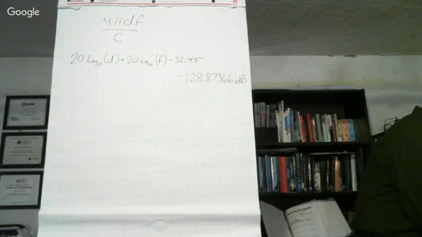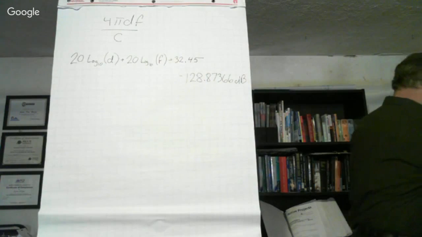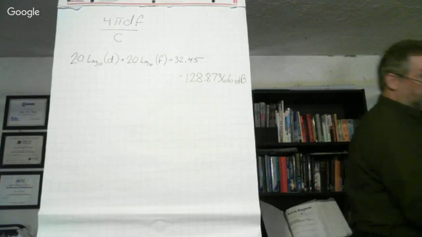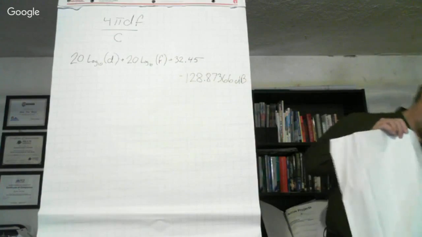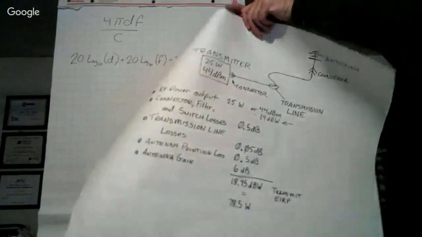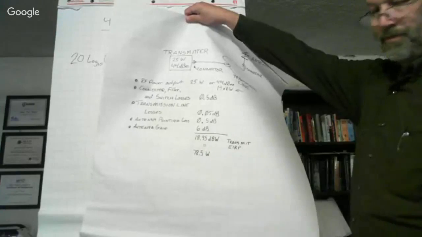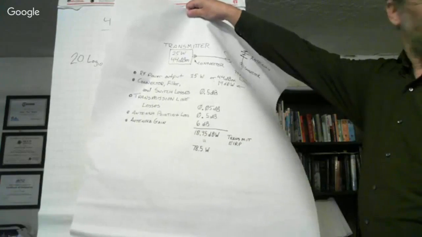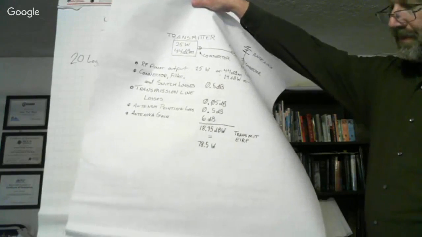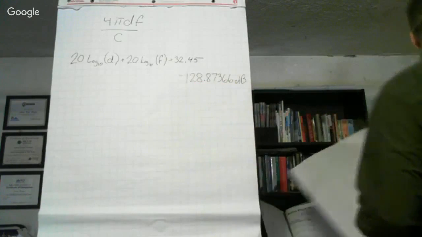Now, the interesting part about this is if we go back to our previous work, where we were putting out 78.5 watts, we have 18.95 dB. Well, now we can take that away from there.